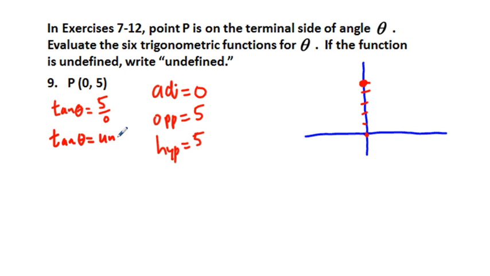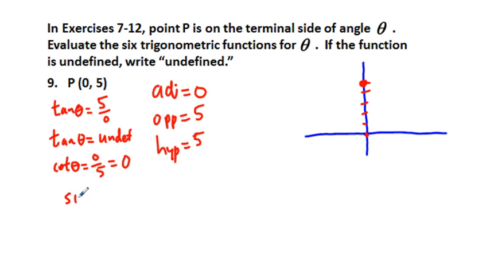Undefined. I'm going to abbreviate undef. And cotangent equals, so 5 over 0, we have 0 over 5, which equals 0. So that's going to be tangent, cotangent.